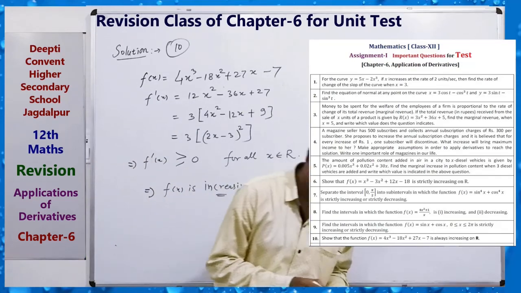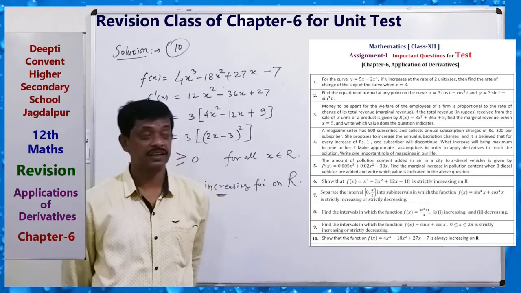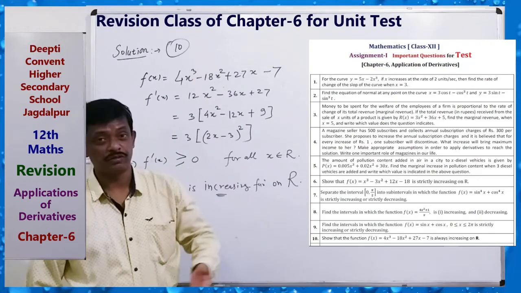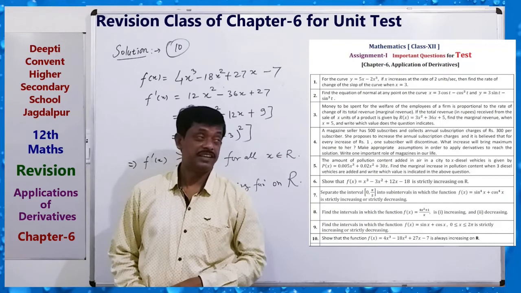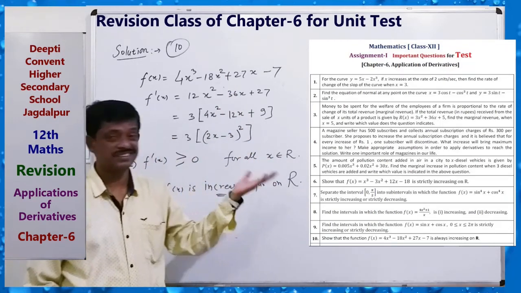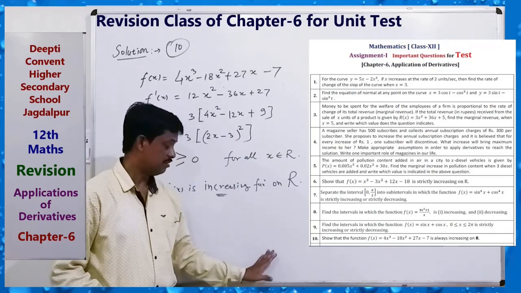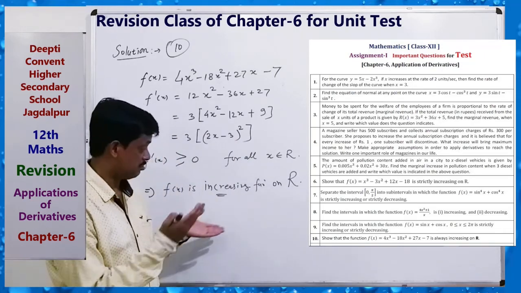So today we solved 10 questions. Similar types of questions exist for tangent, normal, increasing, decreasing, and maxima and minima. You know about maxima and minima by the double derivative test and the single derivative test.